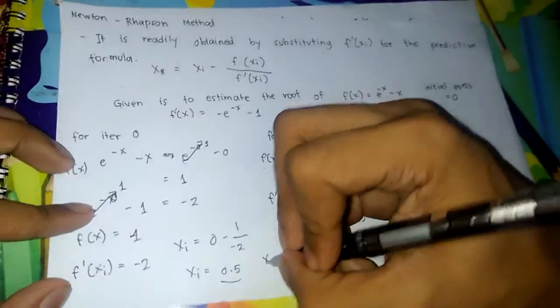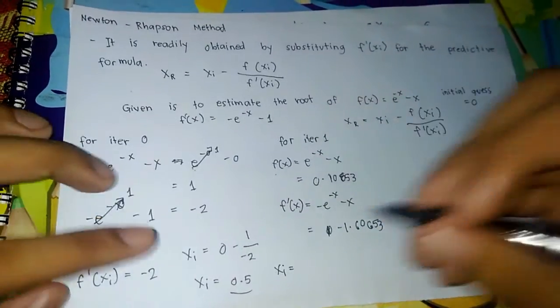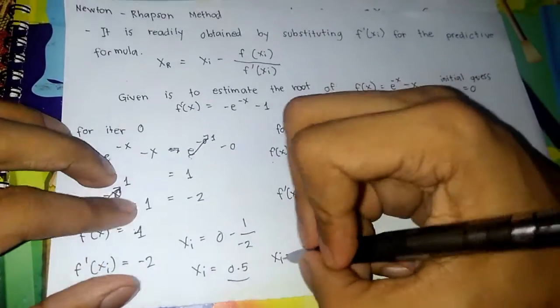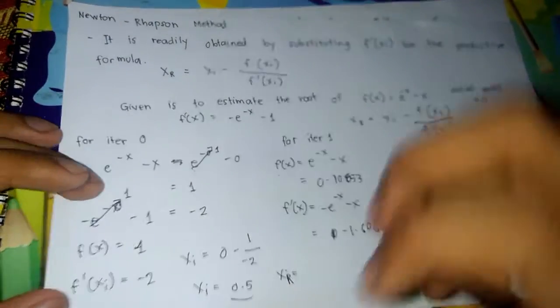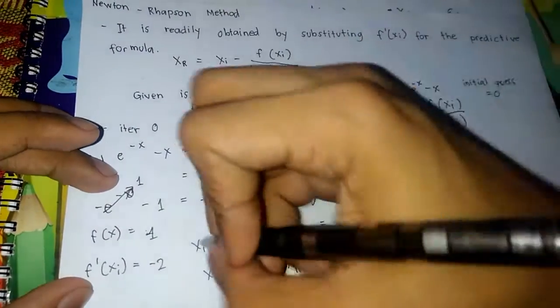For the next iteration, xr has a value of 0.5663.